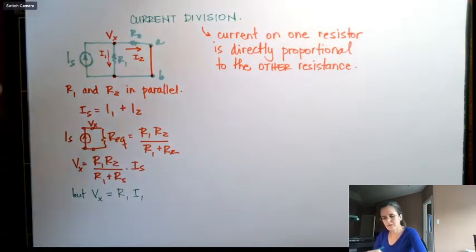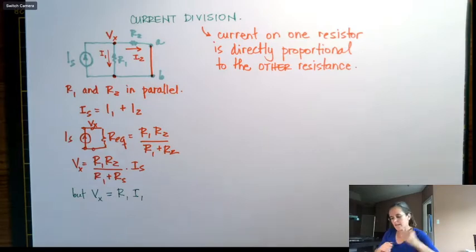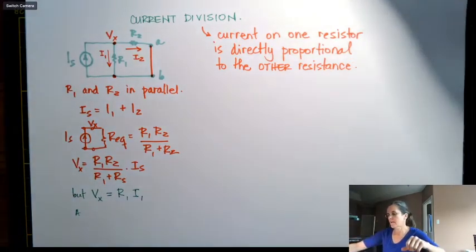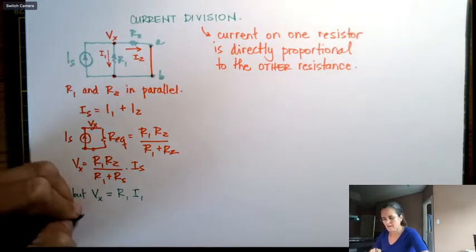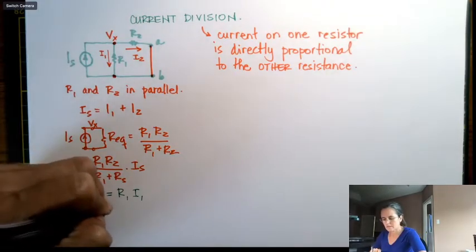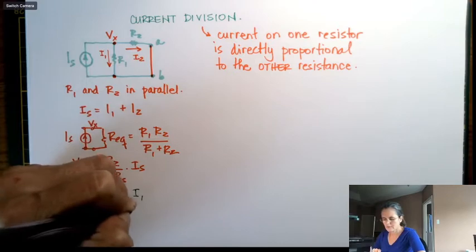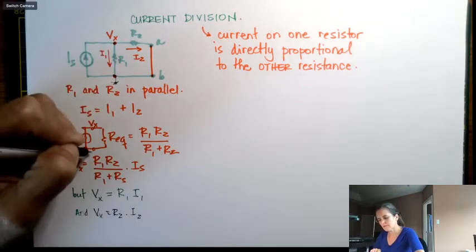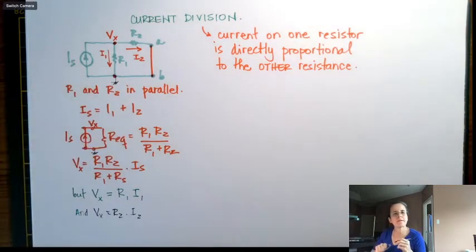I could also write, maybe in black, that Vx is R2 times I2. This is especially clear if I put ground here and ground here in case you were confused.